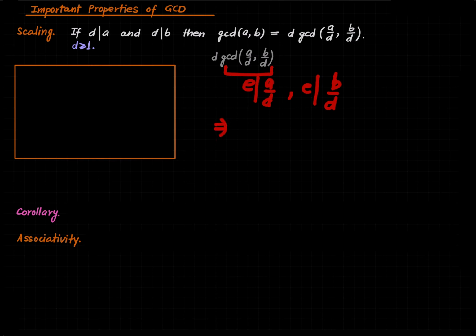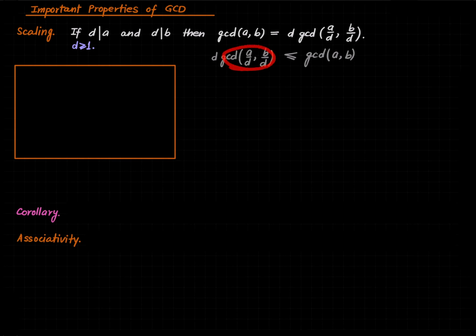And thus de divides a and de divides b. So de is a common divisor of a and b, and hence it cannot be more than the GCD of a and b.